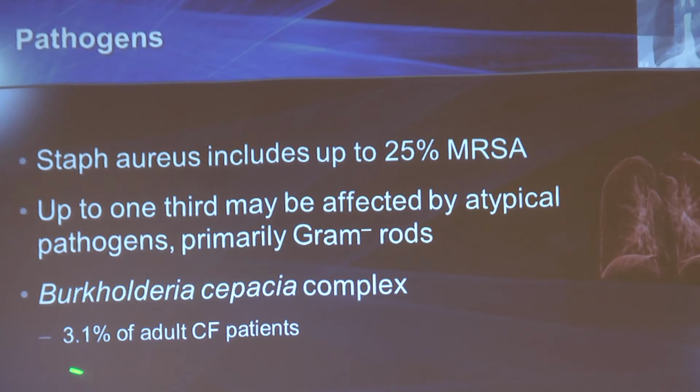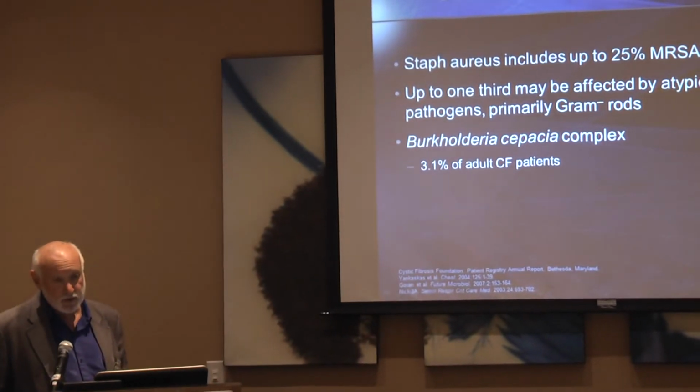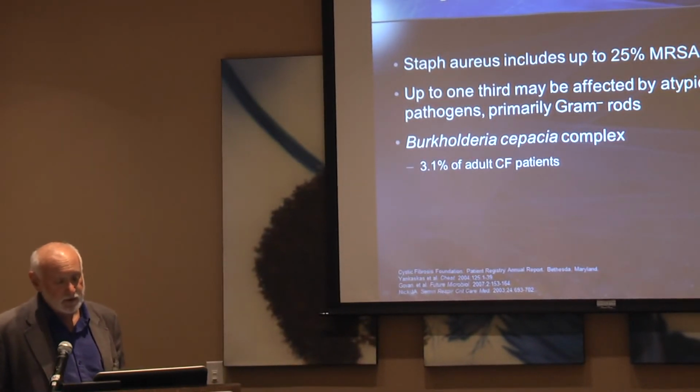We've learned a lot about this particular organism in the last 25, 30 years. Nowadays, about 3% of adult patients have it. Luckily, it's pretty rare west of the Sierra. So the centers along the coast, both in northern and southern California, don't see much of this, and that's good. But in certain pockets of the country, it's still a big problem.